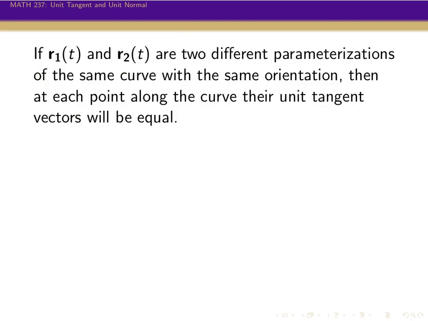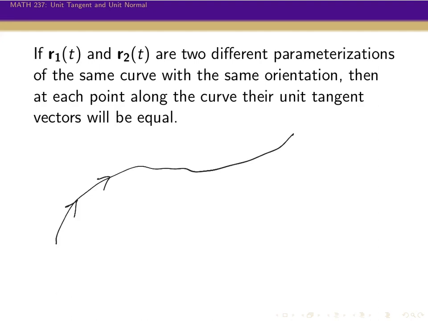This unit tangent vector does not depend on the parameterization. So what I mean by that is that if we have two different parameterizations and they're moving in the same orientation, and orientation is talking about which way you move as t increases.